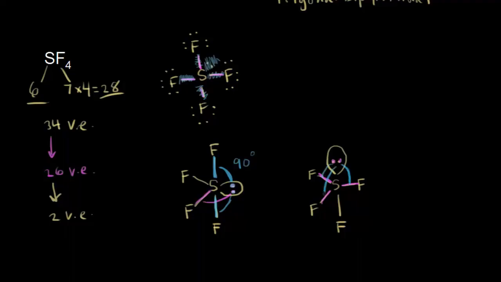And so that, of course, is going to cause some serious repulsion. So 90 degrees to 3. In the example on the right, you have these 3 interactions at 90 degrees, and in the example on the left, you have only 2 of these. And so the goal, of course, is to minimize electron pair repulsion. So VSEPR theory actually predicts that this dot structure on the left is the correct one.